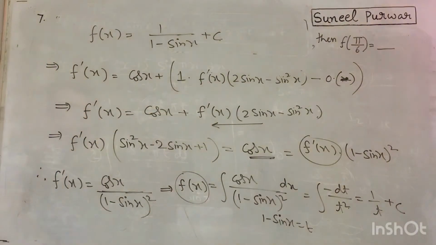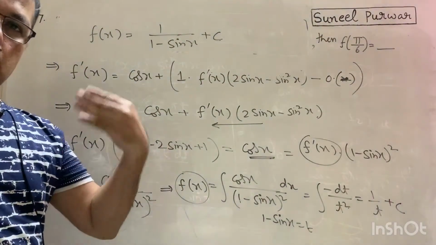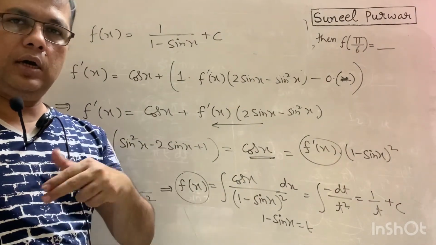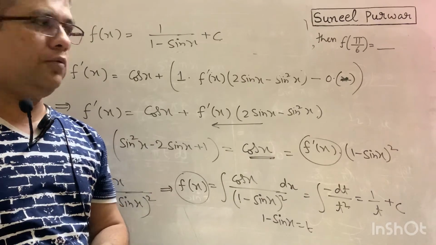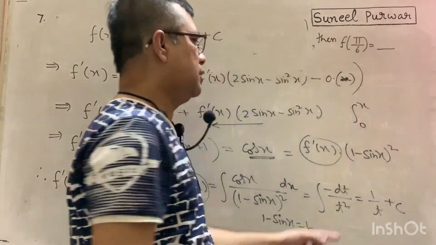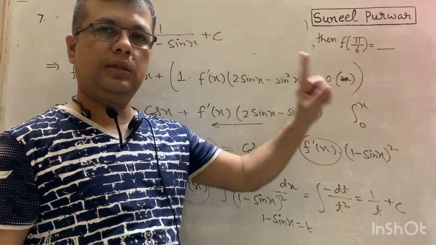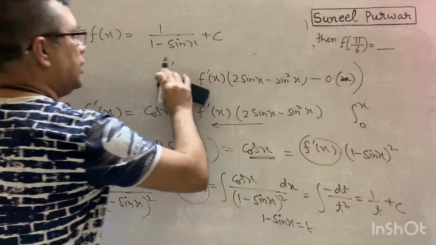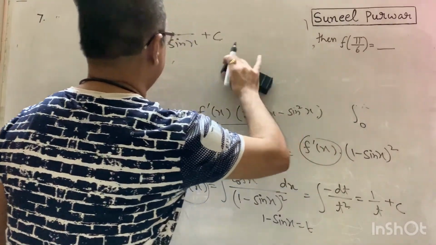Now in the given relation, if we put x equal to 0, f of 0 is what? 0. What were the limits of the integral? 0 to x. So if you put x equal to 0 in the given relation, you will get f of 0 equal to 0.